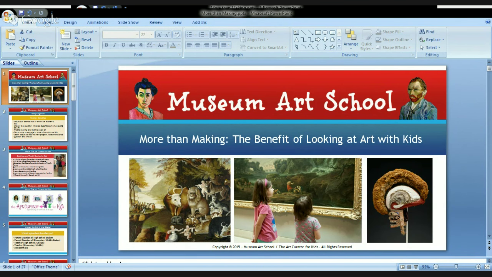So today our session is more than making, the benefit of looking at art with kids. We're going to talk about a lot of different things, mainly why we should look at art with kids, why art is more than just making art. So that's what the more than making is.